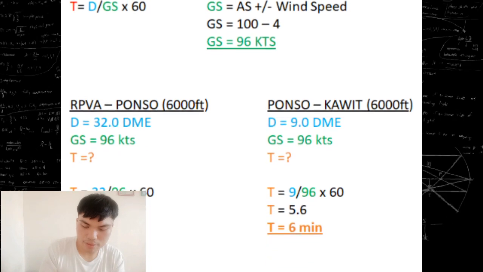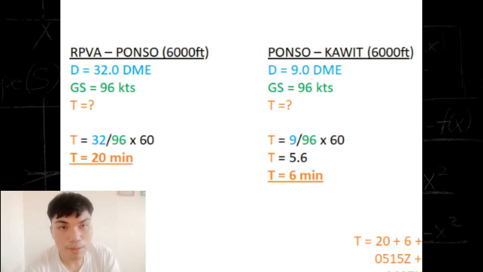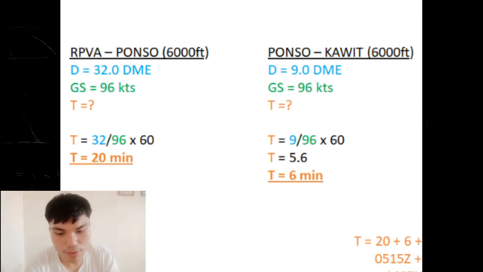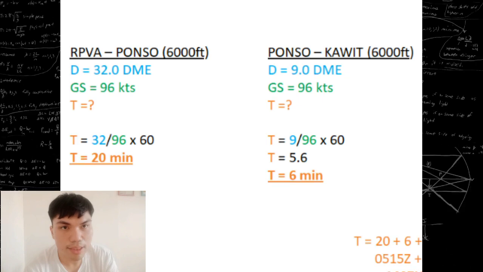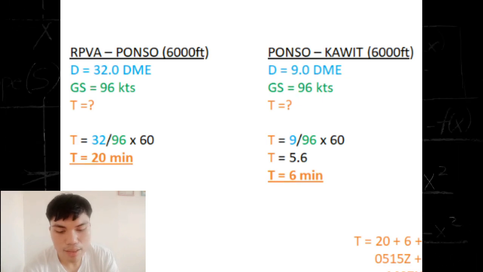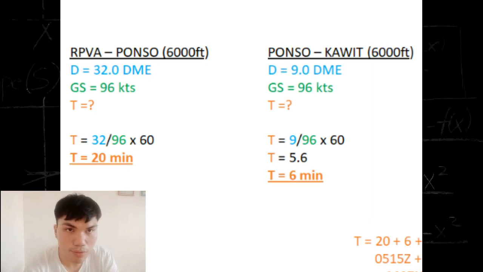That is 96 knots. So from RPVA, from Tacloban to Ponso, the distance is 32 DME. And the ground speed is 96 knots. And the time is unknown.